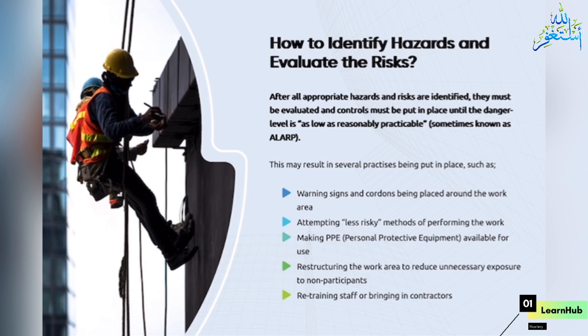This may result in several practices being put in place, such as warning signs and cordons being placed around the work area, attempting less risky methods of performing the work, making PPE, personal protective equipment, available for use, restructuring the work area to reduce unnecessary exposure to non-participants, retraining staff or bringing in contractors.